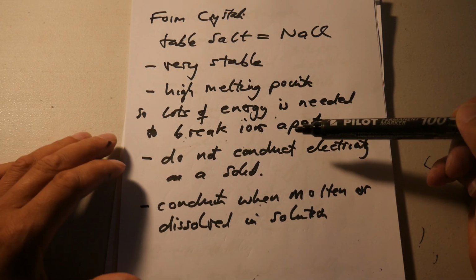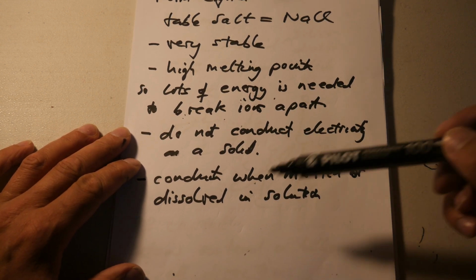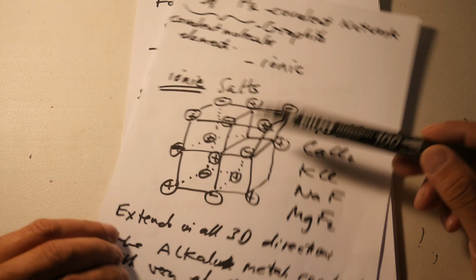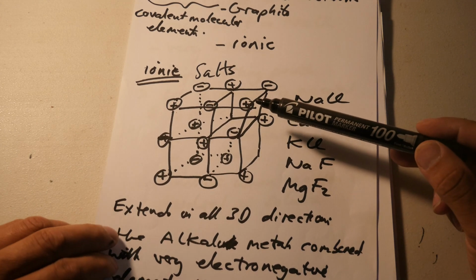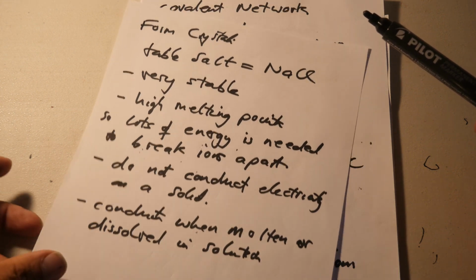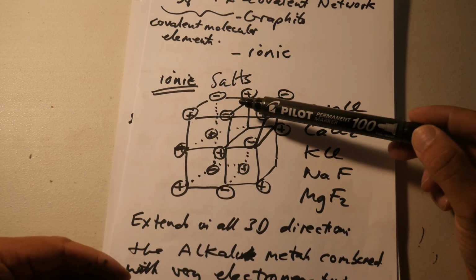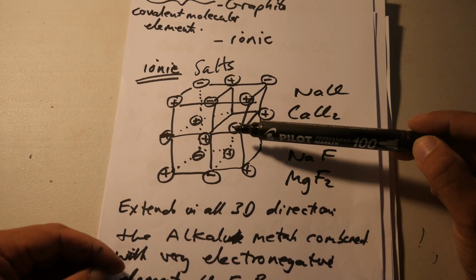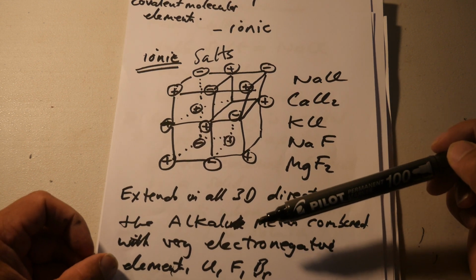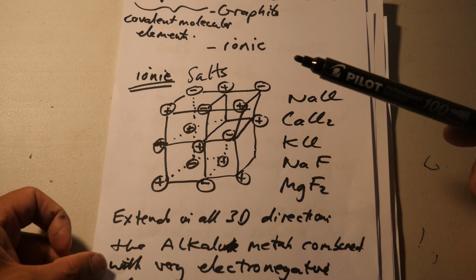They do not conduct electricity as a solid, but if you melt them or dissolve them in water, they conduct, because in the solid the ions cannot move much. They do not conduct electricity as a solid, but they will if they're melted or dissolved in solution. Very stable, very high melting point, because it takes a lot of energy to break them up.